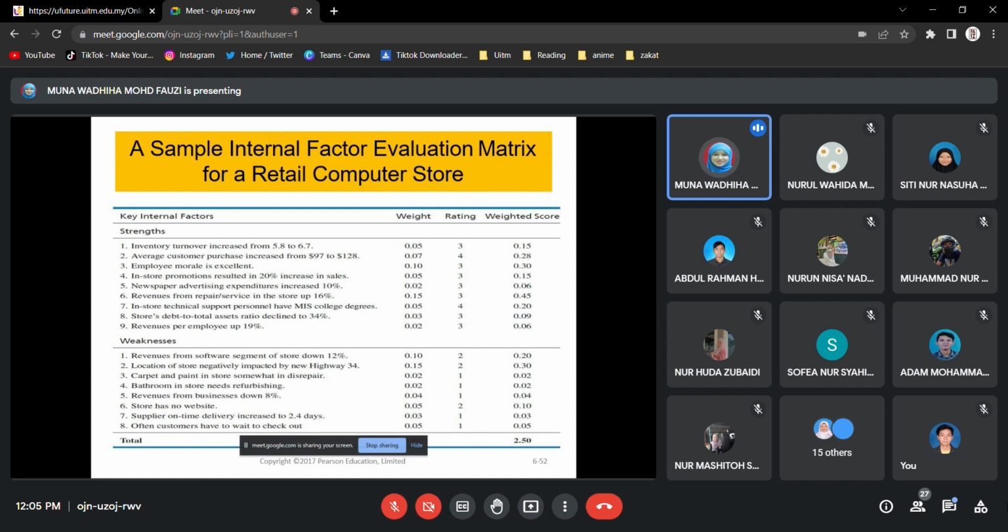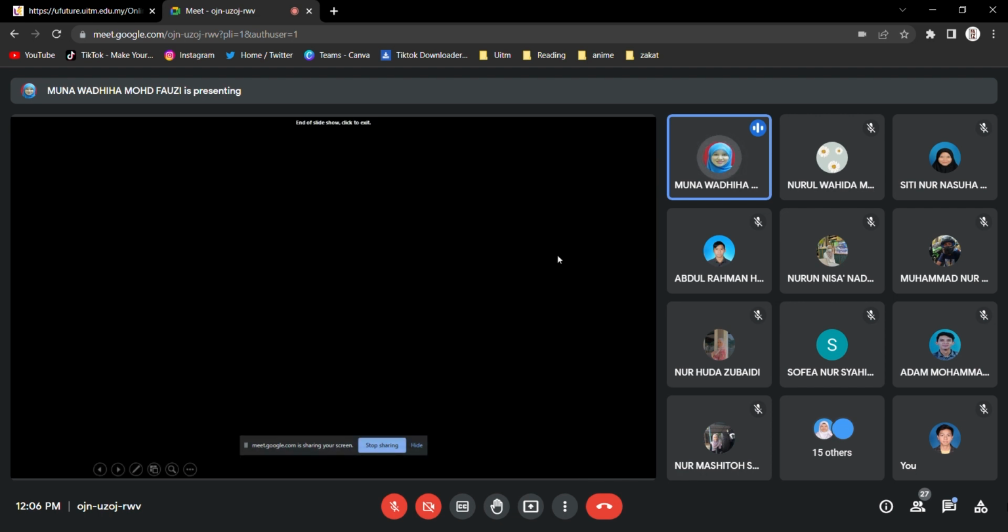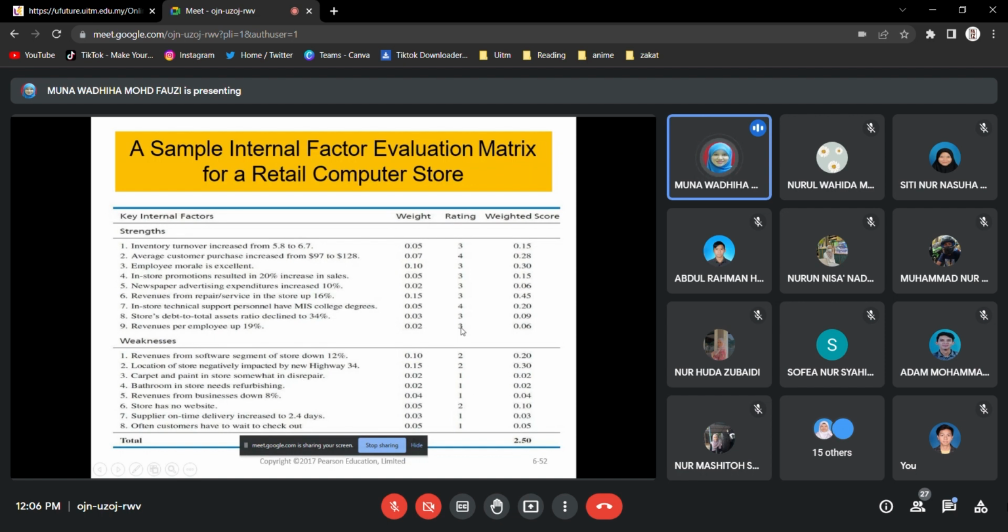You need to keep in mind that number 4 is a major strength for rating, number 3 is a minor strength, number 2 is a minor weakness, and number 1 is a major weakness. Then you multiply the weight by the rating to get the weighted score, for every specific strength and weakness.